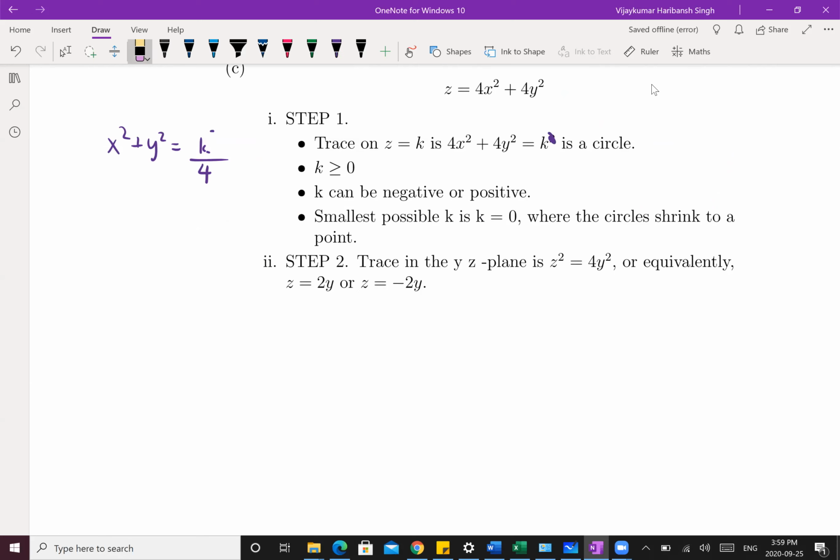Note that there is no trace when k is less than 0, so k cannot be negative. Why? Because if we take k to be negative, there are no solutions.